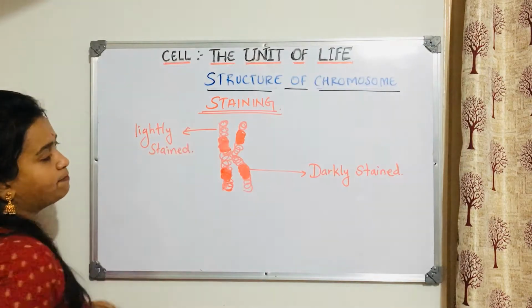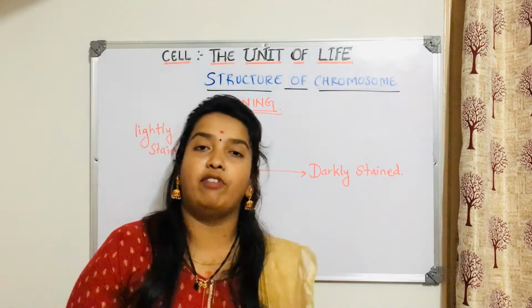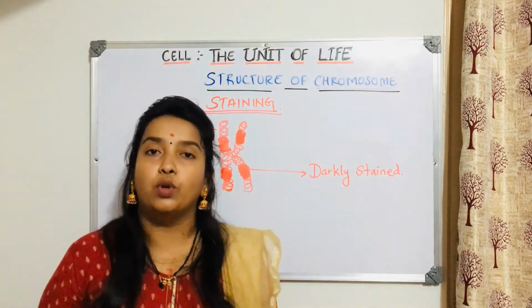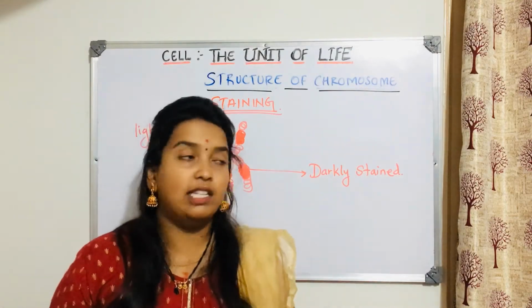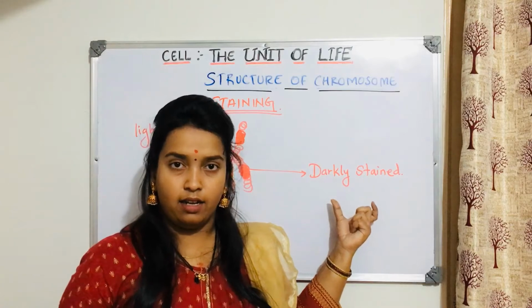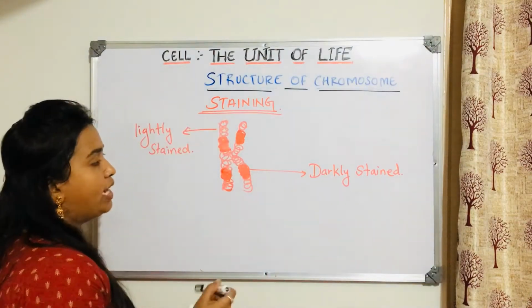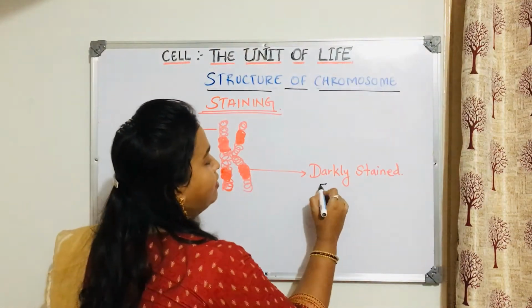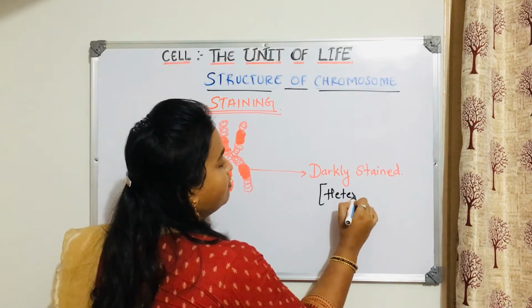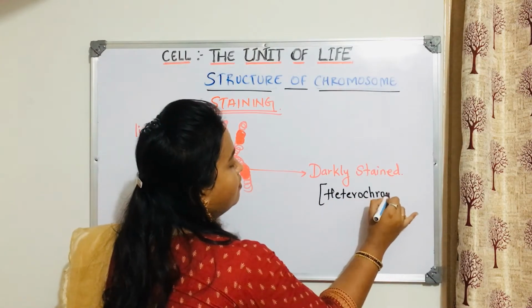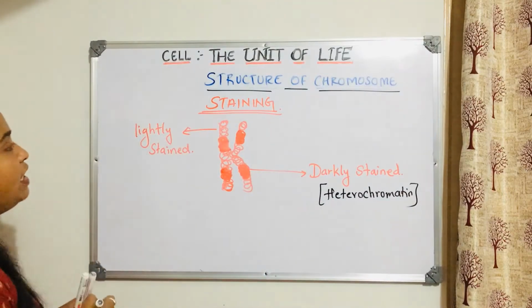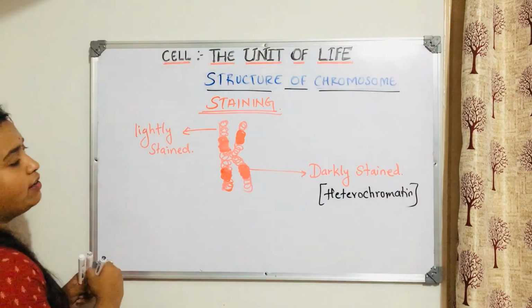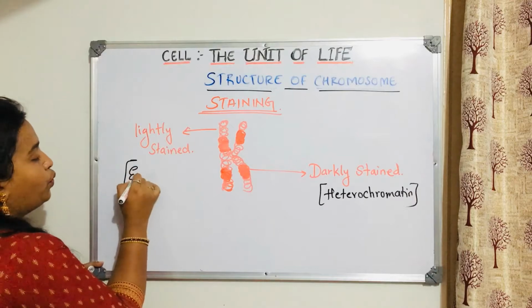So based on this, they have divided chromatin into euchromatin and heterochromatin. The chromatin region which stains darker, we call heterochromatin. And the region which is lightly stained, we call euchromatin.